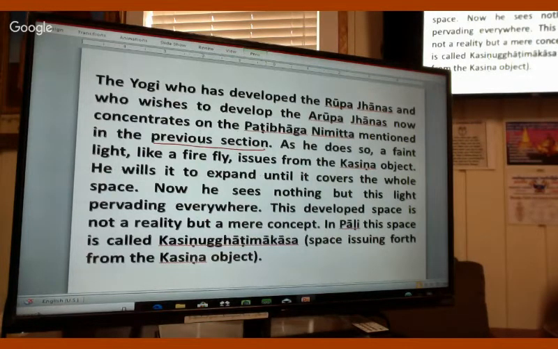Not real light, but imaginarily a kind of light appears in the mind. At that time, you can expand whatever you want. You can enlarge and spread that light in any direction.